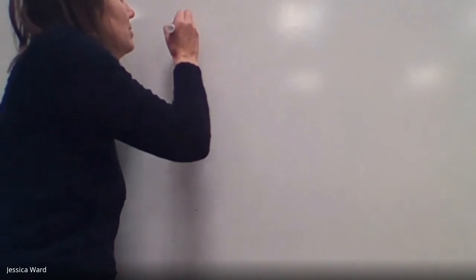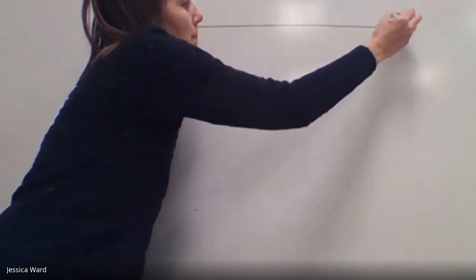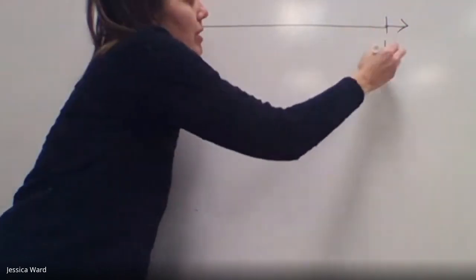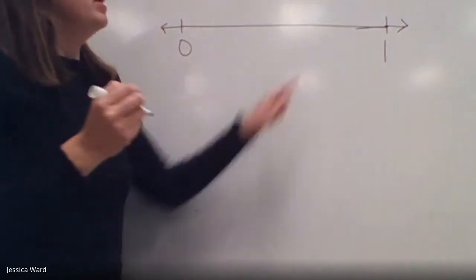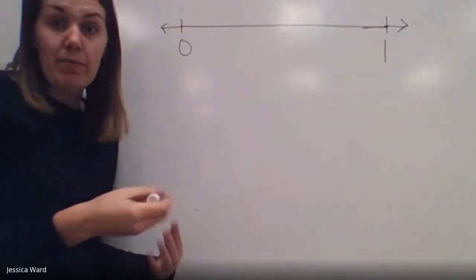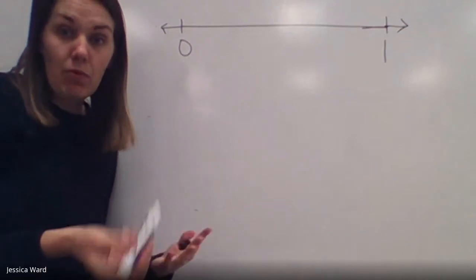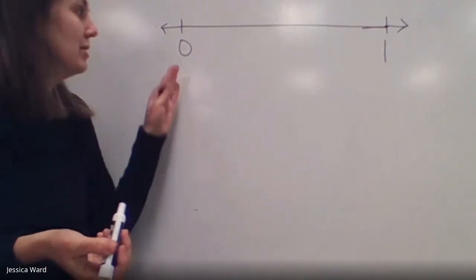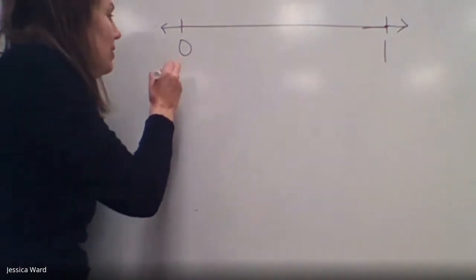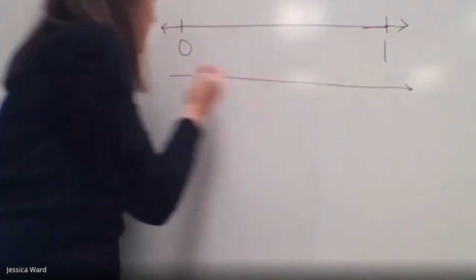So first they've shown us a number line with 0 and 1, right? So that's showing us if we were to continue our number line, our next numbers would be 2, 3, 4. So we're counting by whole numbers, right? 1, 2, 3, 4. But this is just showing us 0 and 1.